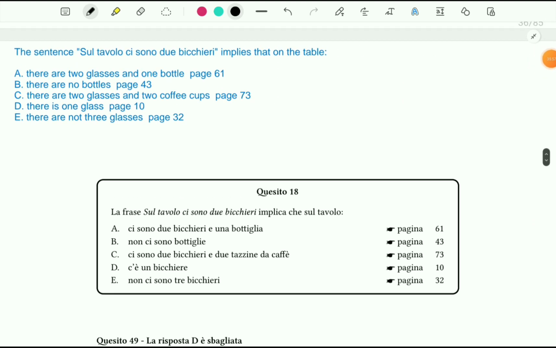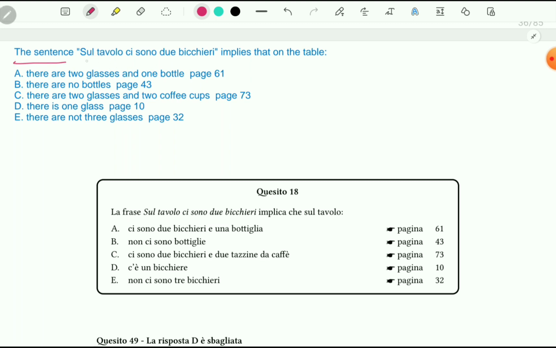So this problem comes from Italian language. Although this is not a linguistic test, and it's in English, you may face this kind of problem. Sometimes they ask you for judging how well you know Italian language. So let's start.